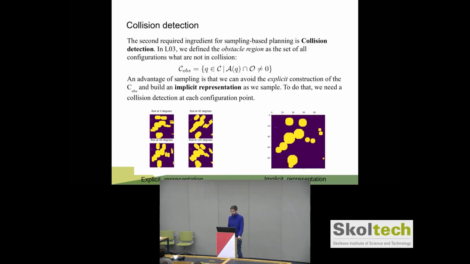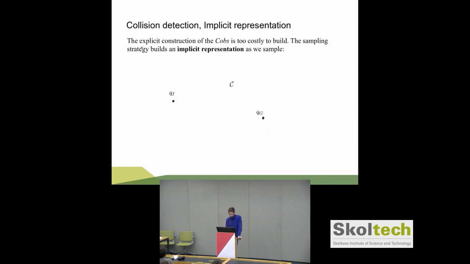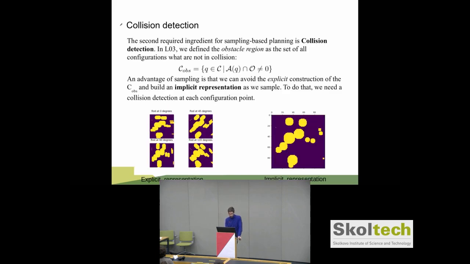Yes. Now we have discussed a little bit about sampling. Let me take the second component, that is collision detection. We talked a little bit about collisions, if you remember, when we were defining the obstacle region.